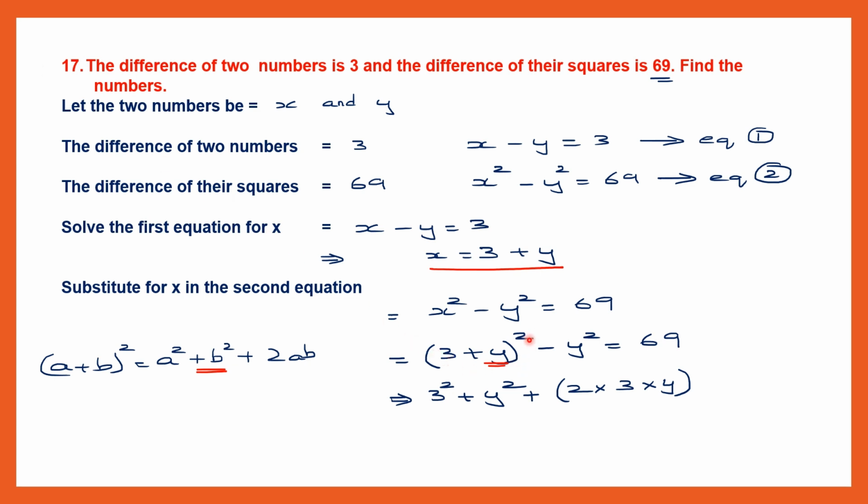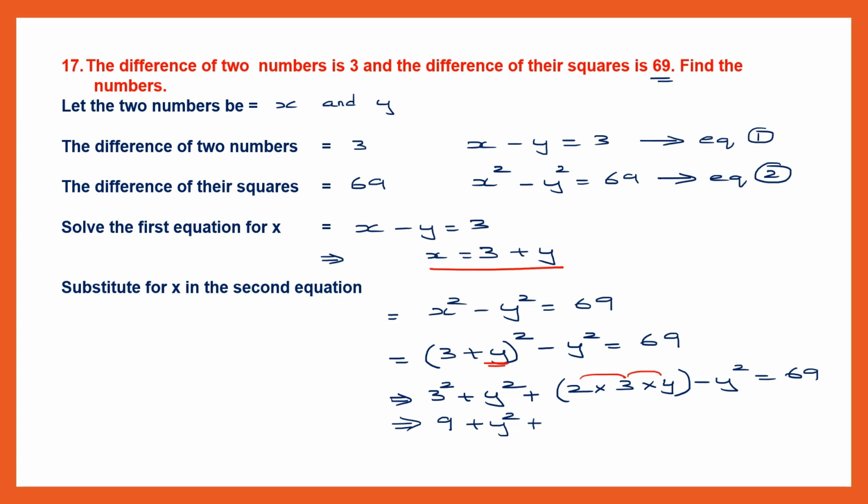Now we have to add the rest, so the minus y square is equal to 69. Now let's simplify this. 3 square means 3 threes are 9, plus y square, plus 2 into 3 is 6, 6 into y is 6y, plus 6y, and we have minus y square left, is equal to 69.